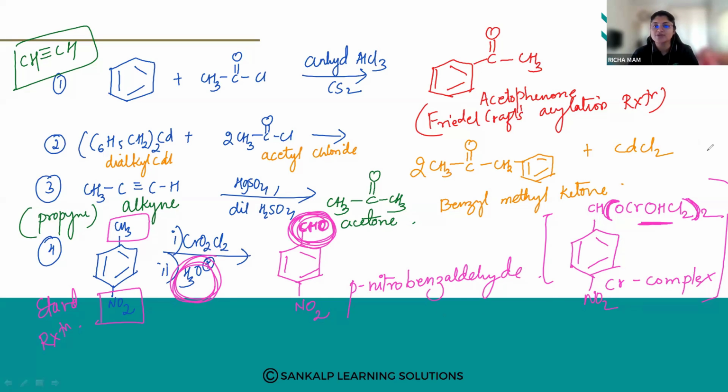Upon hydrolysis, the complex group gets hydrolyzed to an aldehydic group. So this is the Etard reaction. It is mainly done for methyl substituted compounds. Is it clear? Yes, ma'am.